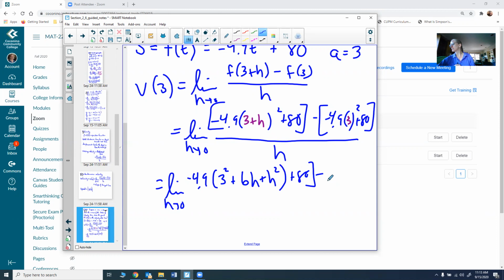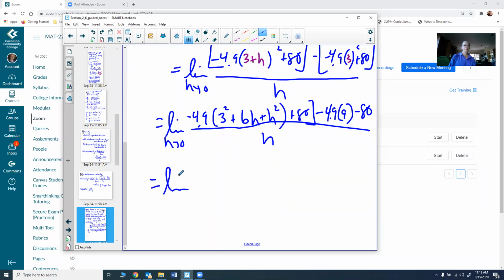I don't really care what 4.9 times 9 is, we can just leave it that way. But we have a minus, so it's going to be plus 4.9 times 9 minus 80, all over h.